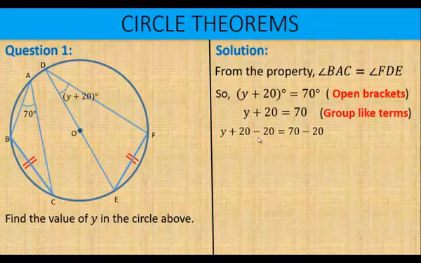And that is also what you see on the screen. From this, we simplify to get y equals 50, because positive 20 minus 20 would give us 0, and then y would be left at the left hand side. 70 minus 20 would give us 50. So we have y to be 50 as you see on the screen.